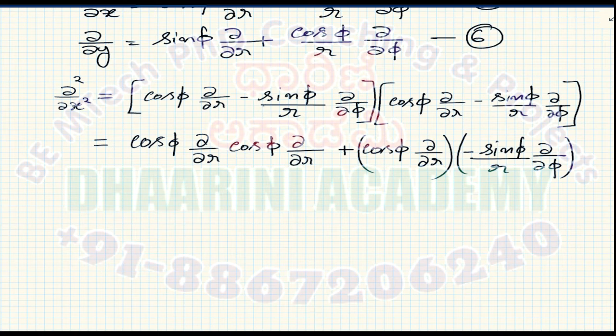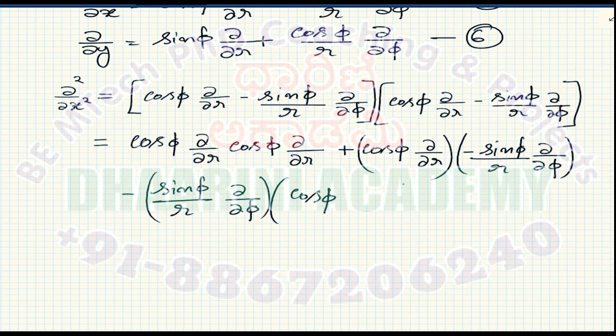Then the second term into the first term, that is minus sin phi by r into dou by dou phi into cos phi dou by dou r.